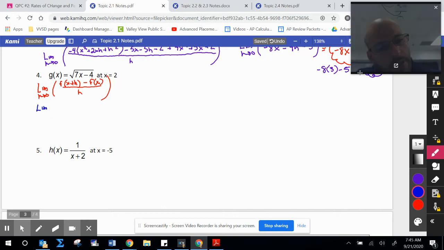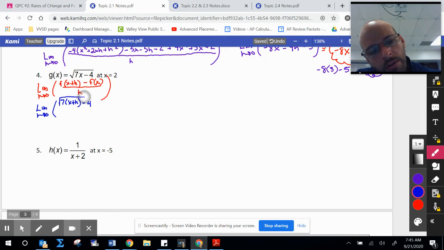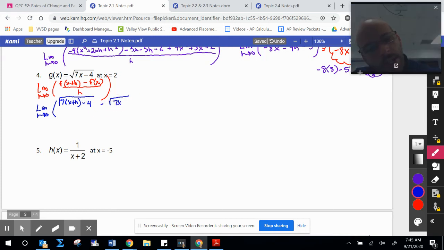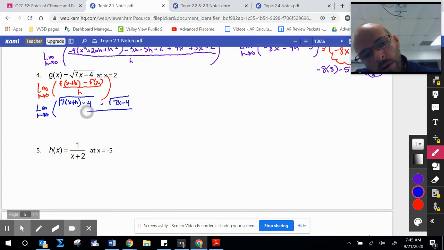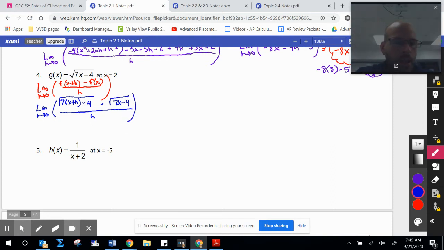The limit as h approaches 0 of the square root of 7 times (x plus h) minus 4, minus the square root of 7x minus 4, all over h.